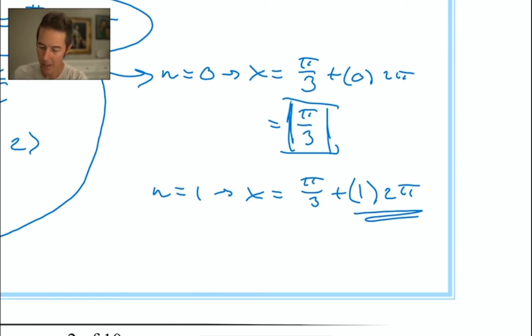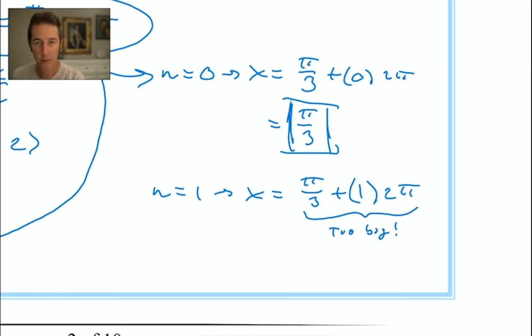Okay, it's too big. Too big. Or larger than 2 pi, exclamation point. Therefore, let it go. Therefore, it's not a solution, however you want to phrase it.